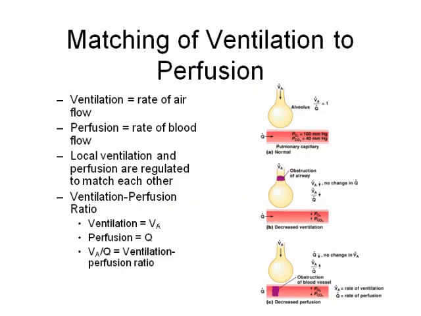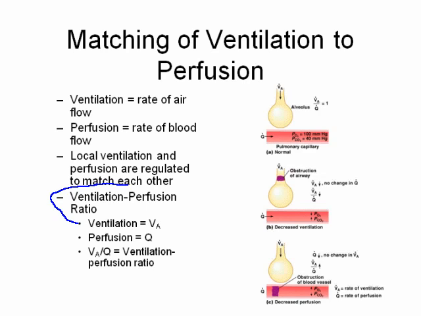Now, in order to have exchange and transport happen efficiently, we have to match ventilation to blood flow, or perfusion. So ventilation is the rate of airflow, and perfusion is the rate of blood flow through the lungs. So locally, that is, for a given capillary and alveolus, we have to have local ventilation and perfusion regulated in order to match each other.